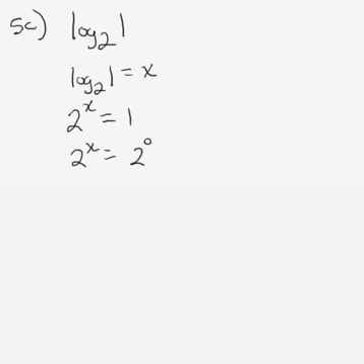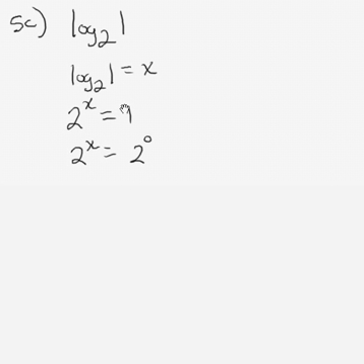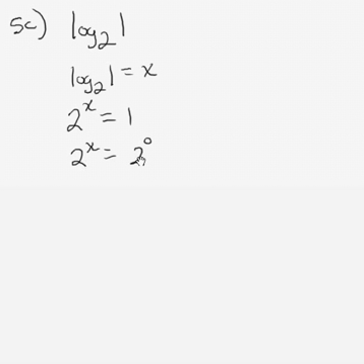And we know we could write 1 as 2 to the 0 power, because anything except 0 itself to the 0 power is the same as 1. And again, the only way these two quantities can be equal is if the bases are the same, the exponents must be the same, so x must be equal to 0.